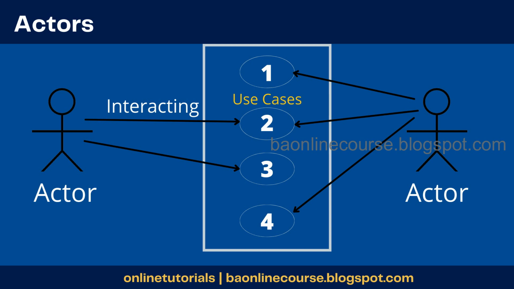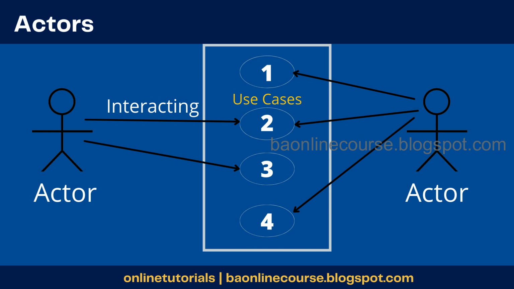So for this particular use case, there are two actors, the customer and the deposit system. To perform this functionality, you would need both these actors, and both would interact to perform the functionality. An actor can be a person, or it could be another system as well.